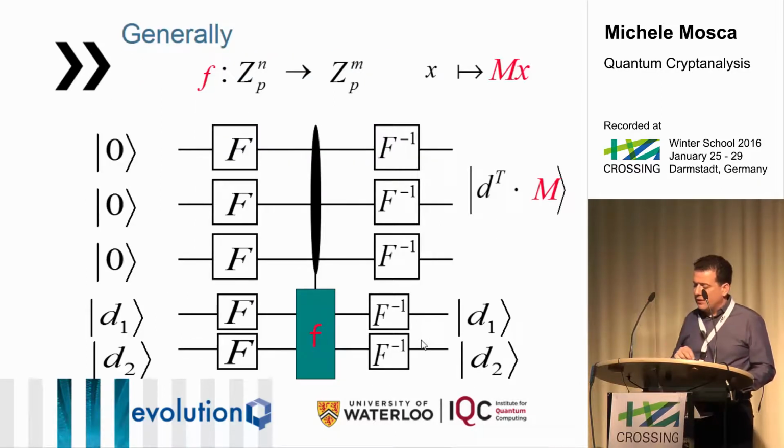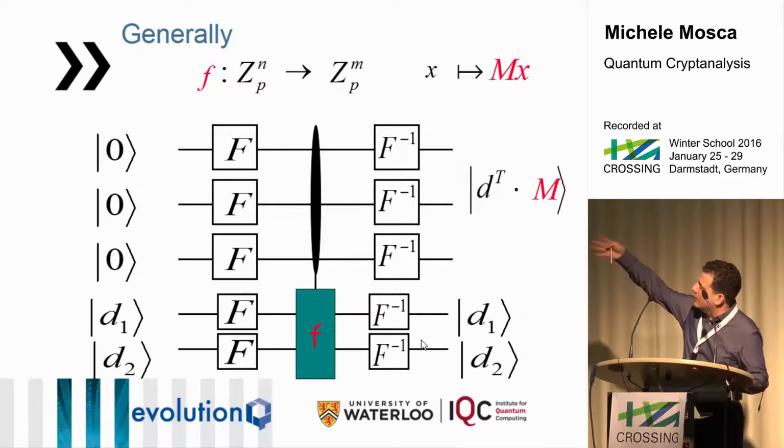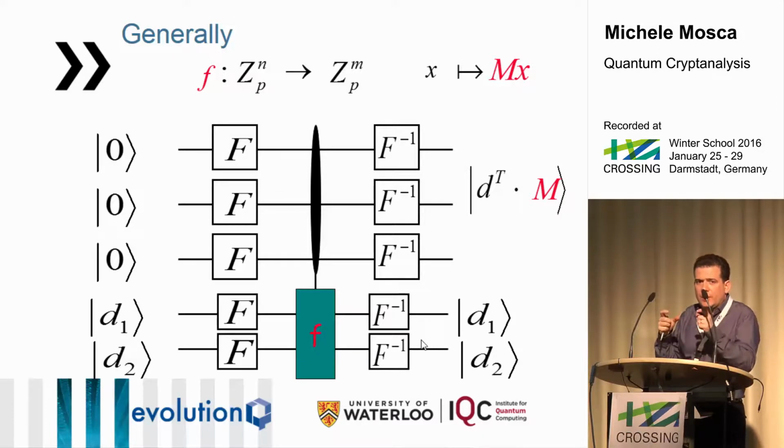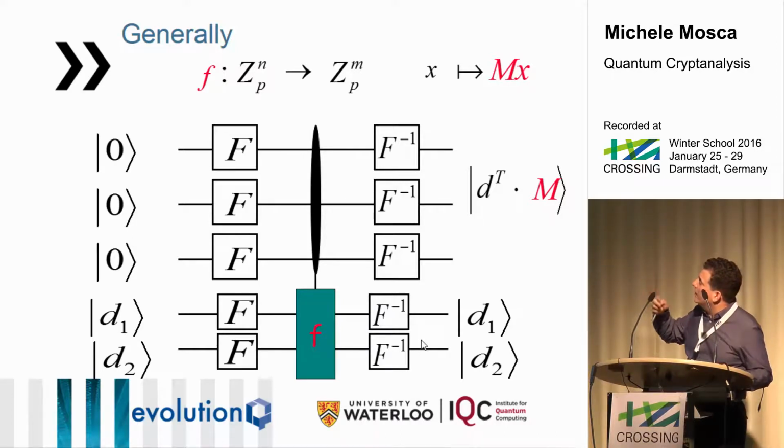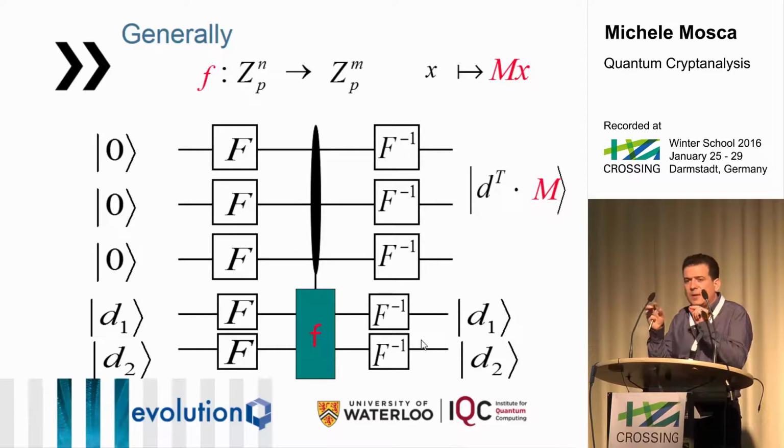You can naturally generalize the Bernstein-Vazirani problem in the following way. First of all, it doesn't have to be bits. You can just have a vector, a tuple of elements in a finite field. And it maps n-tuples to m-tuples, where the vector x gets mapped to some matrix times x.